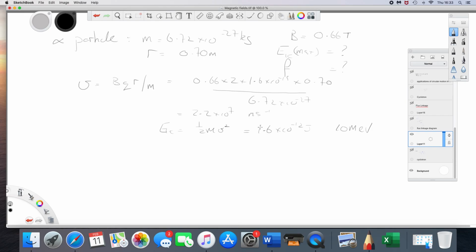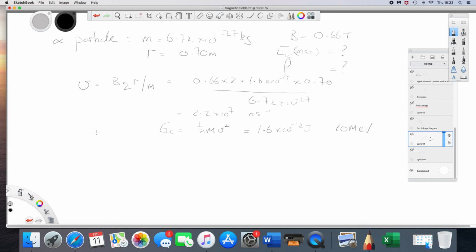Now you can see this is about 6% of the speed of light. So it's quite big, and as a consequence, getting much bigger than that, you're going to get relativistic. It's going to start to look quite significant, and the mass will start to increase.